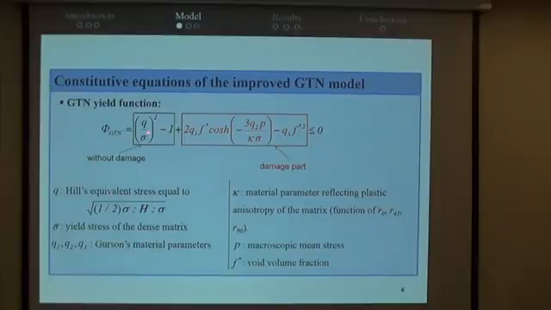The plastic anisotropy is introduced into two parts. The first one is through the equivalent stress, which is dependent on the Lankford coefficients. The second part is through this scalar equation k, which is also a function of the three Lankford coefficients.